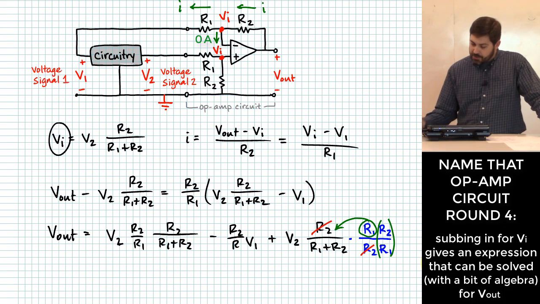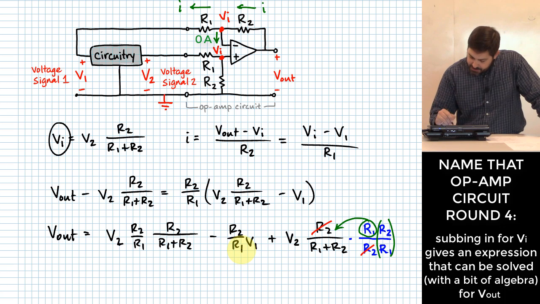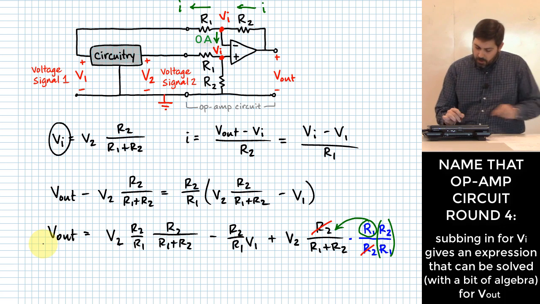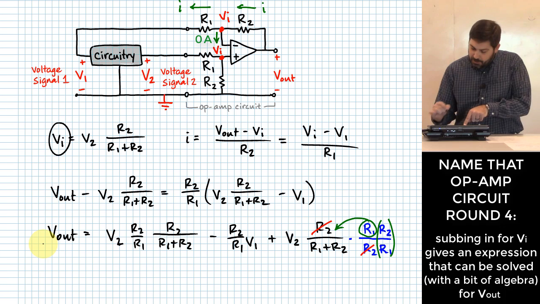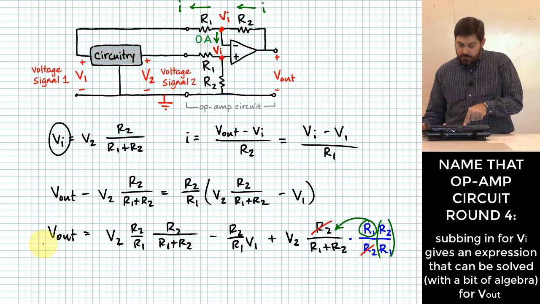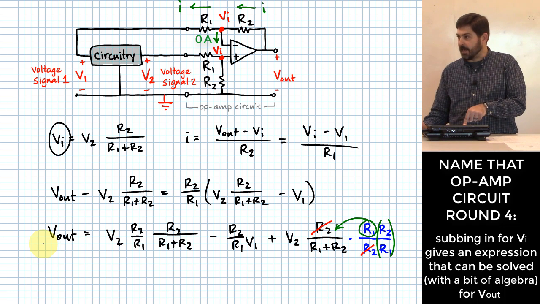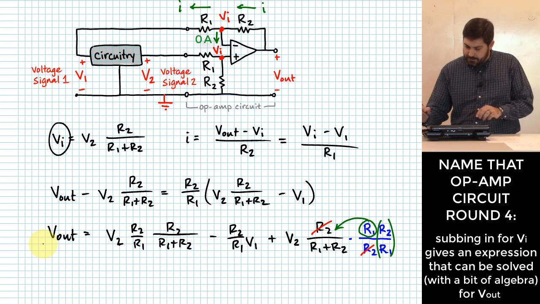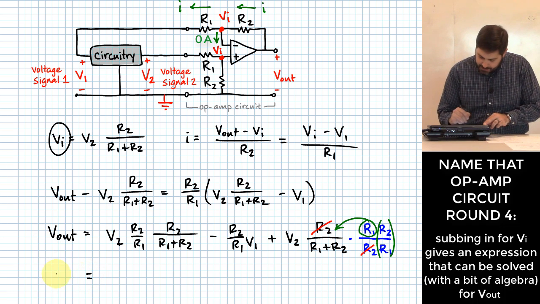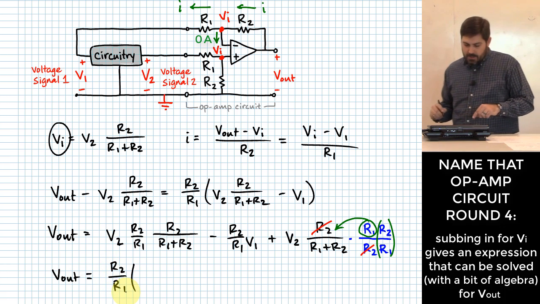Okay, you'll notice that I actually have a factor now for every single term in here of R2 over R1. See that? So I can factor that out. That's the first thing I'll do. V out is going to be equal to R2 over R1. Okay.